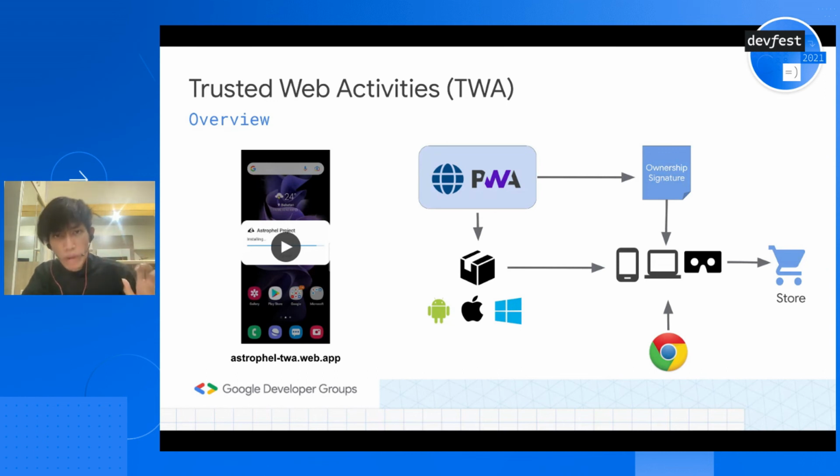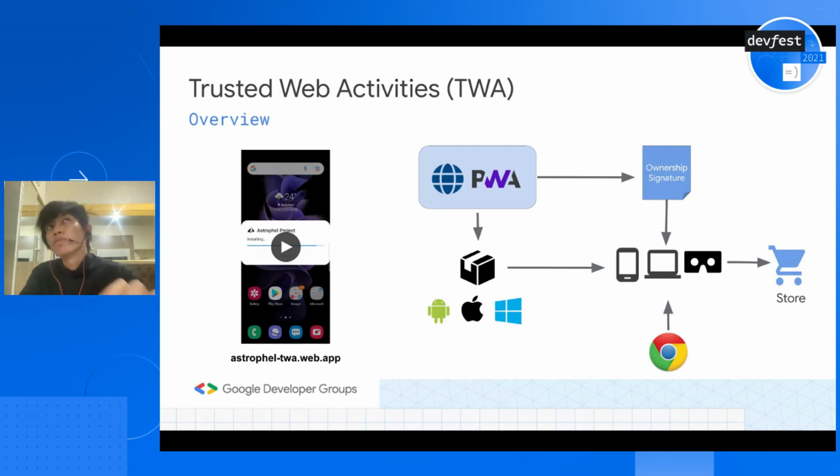The TWA runs on top of Chrome Custom Tabs, and these custom tabs act as native apps. So the version or the capability of Chrome will affect TWA a lot, because that's the core of the capability as a PWA, of course.